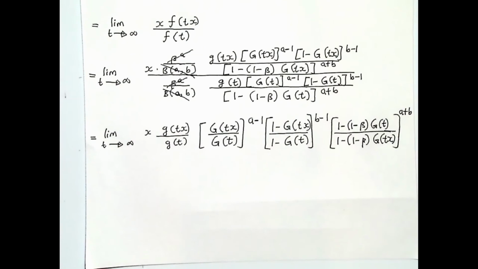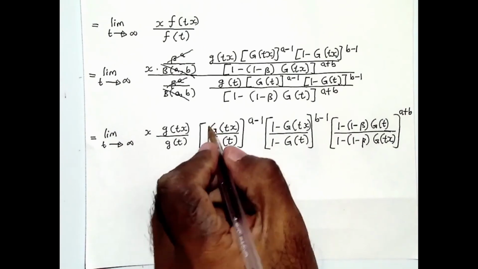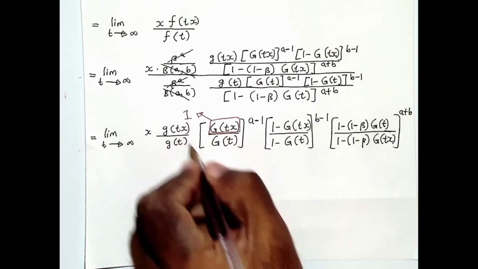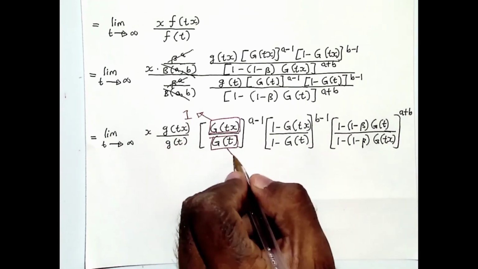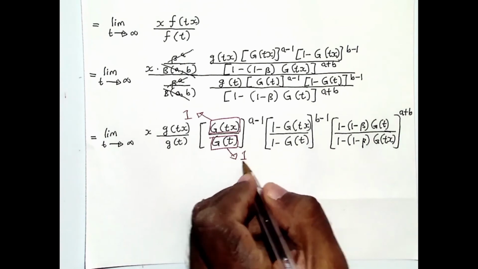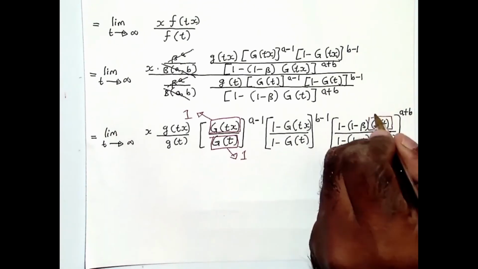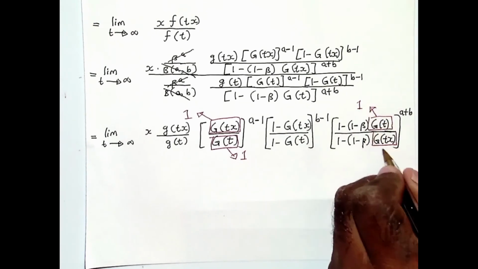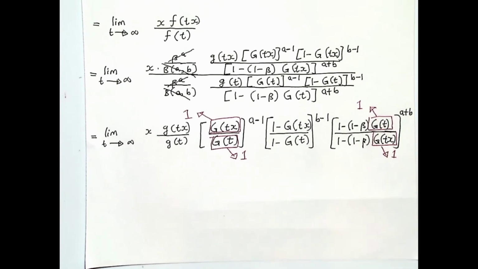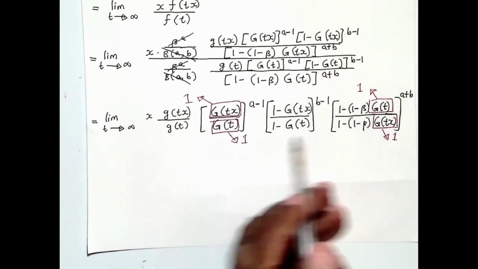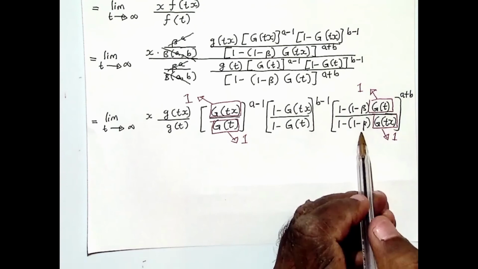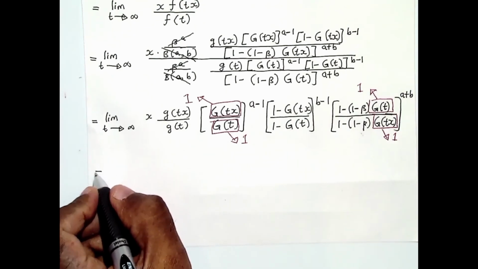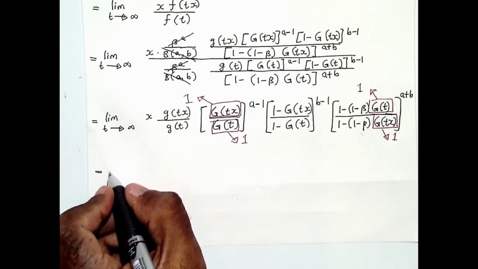Okay, now as t goes to infinity, this goes to 1, right, and this one also goes to 1, this one goes to 1, and so is this one. All right, so you have 1 divided by 1, and here you have beta divided by beta. All right, so the only terms remaining are this term and this term.